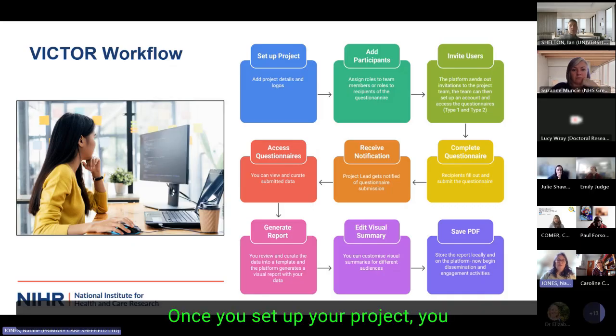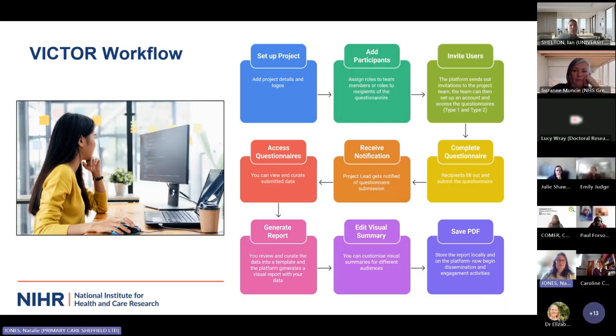Once you set up your project, you add your participants to that project who might be members of your research team, and they also might be patients, carers and families. So anybody that you want to send out a questionnaire to, you need to add to the project, as well as the people that are going to help you curate the data that comes in. So you're inviting the users to the project.